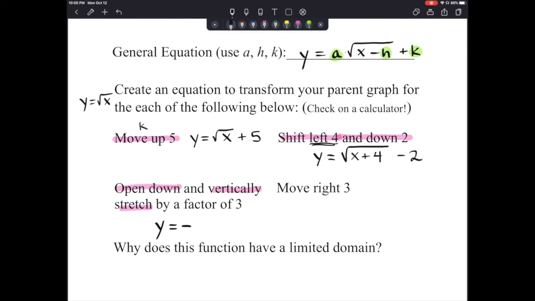And then we want it vertically stretched. So that means that our value has to be farther from 0. So we're saying by a factor of 3, that would be like a negative 3. And then we would say times the square root of x.